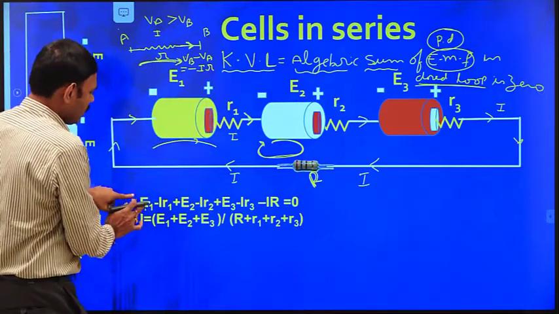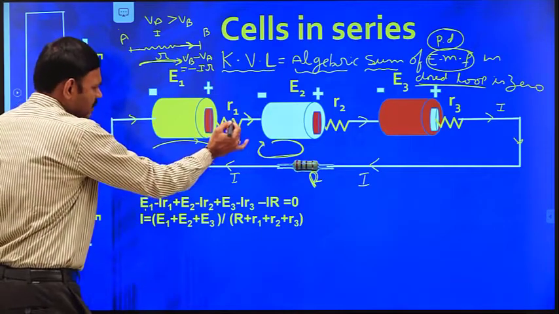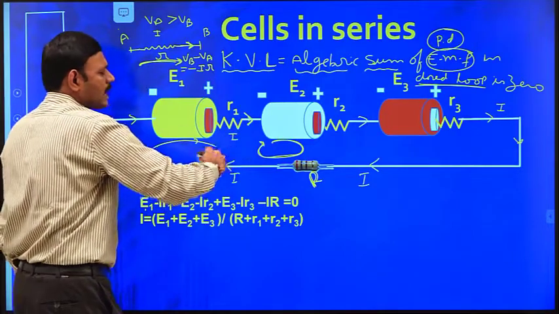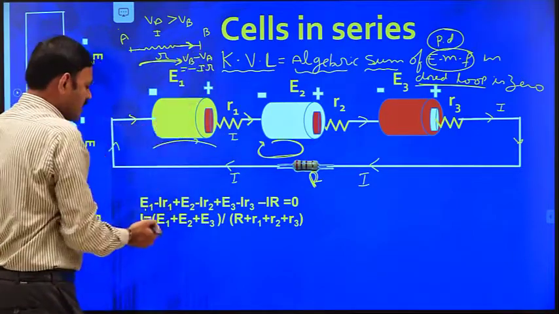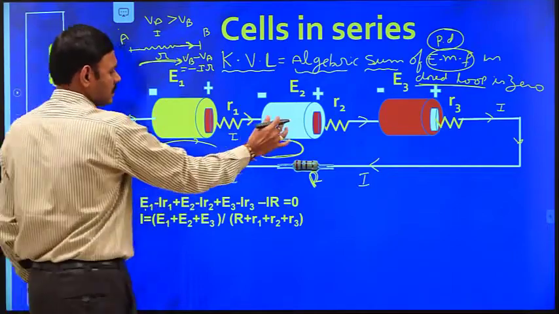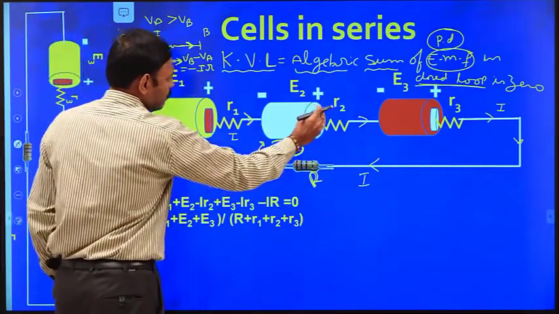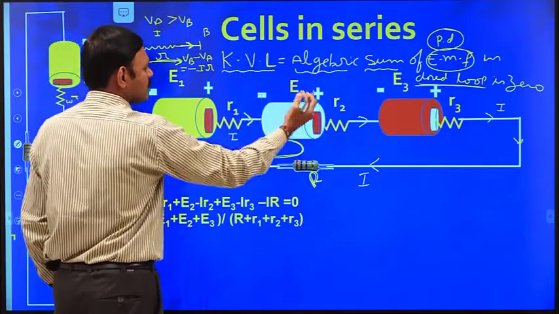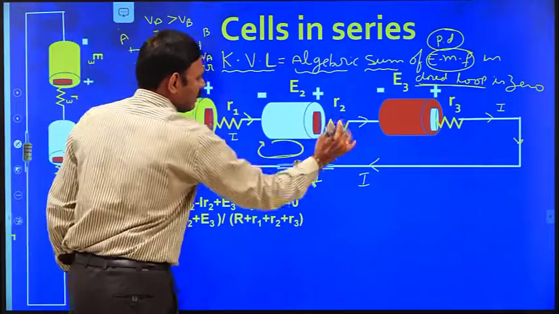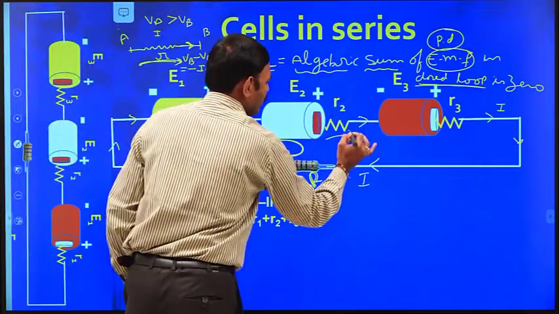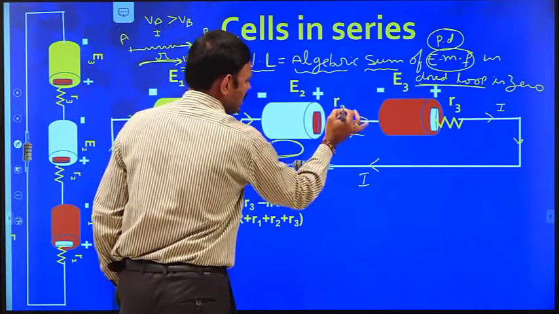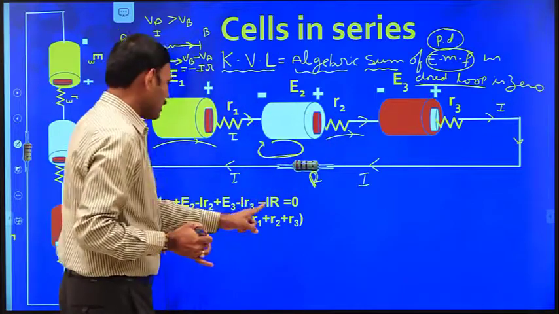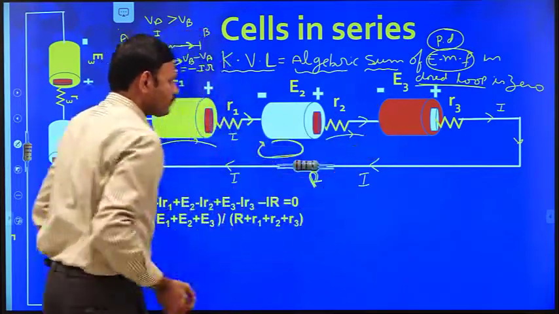Across the internal resistance, current is traveling in the right side direction and we are applying Kirchhoff's voltage law in the same direction, so minus IR1. Then positive minus negative again gives positive E2, and the current is traveling in the same direction, so the potential drop becomes minus IR2. In the same way, plus E3 minus IR3.